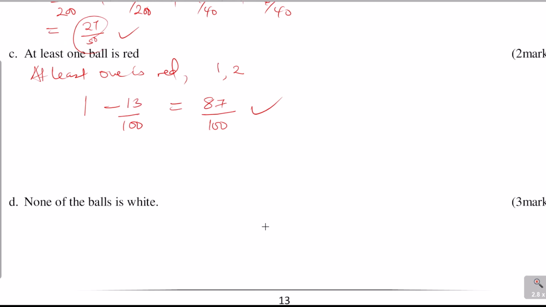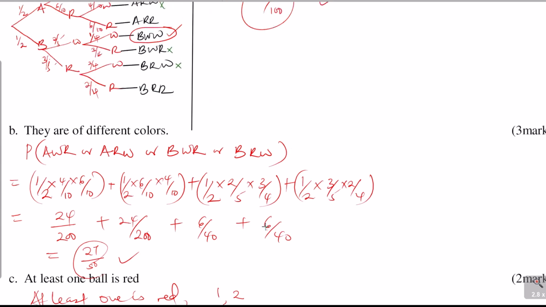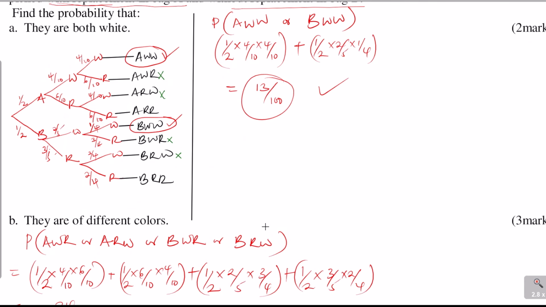The last part, none of the balls is white. So go to the tree diagram. None of the balls is white, so that means we need to go to instances where we don't have a white ball.